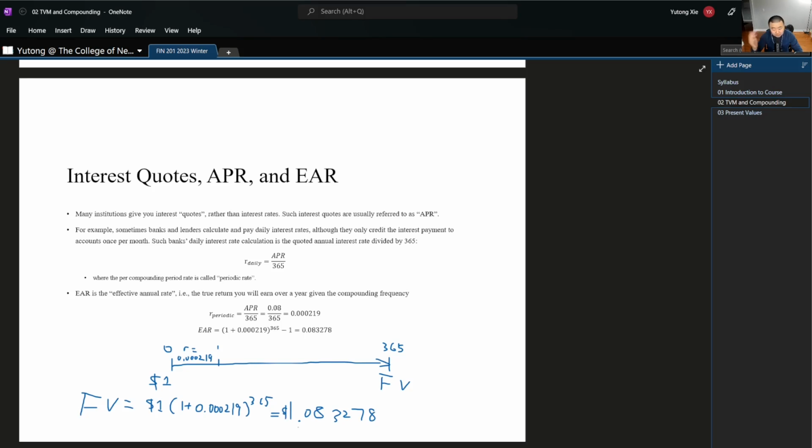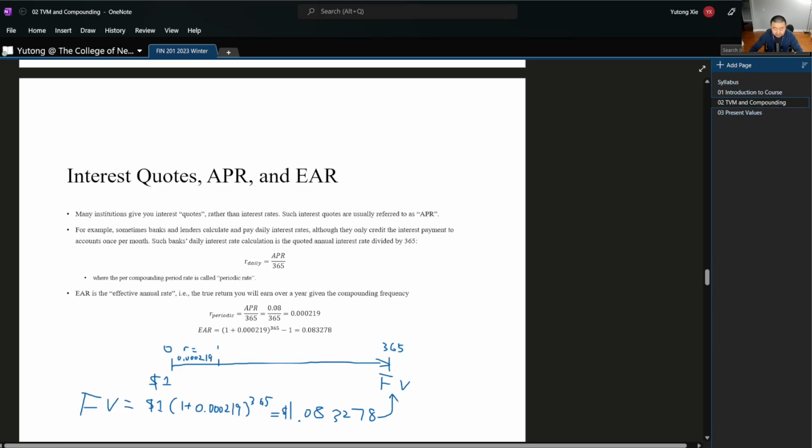Okay, so if you invest $1 in this account and you get 0.000219 per day, and for a year it's going to be 365 days, in the end you're going to receive 1.083278.